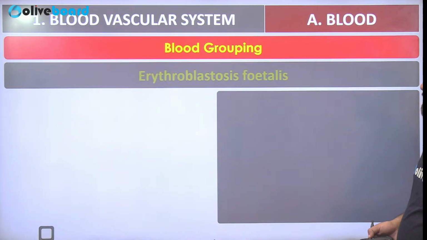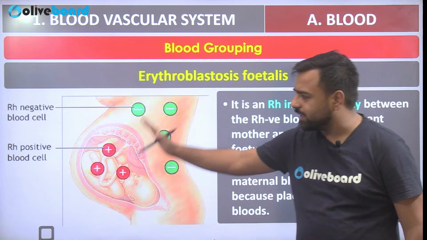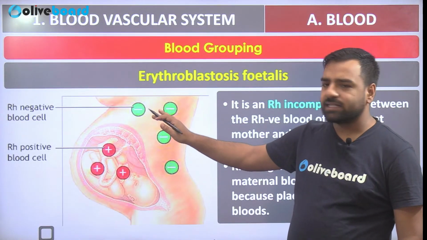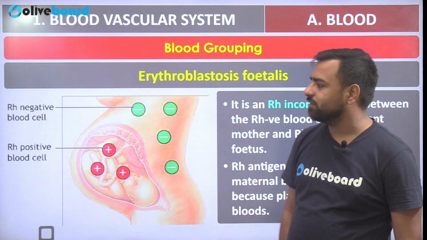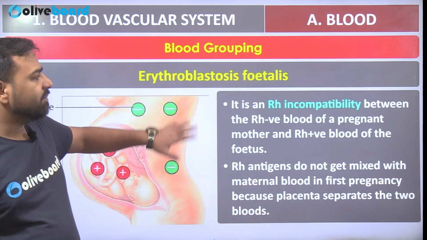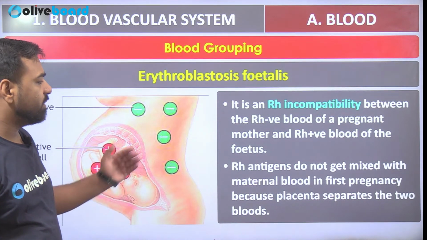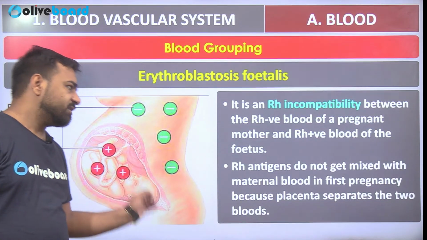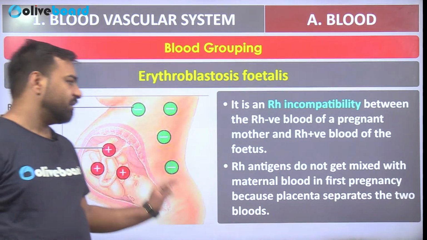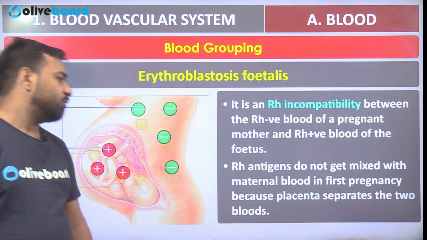Okay, so here, what is erythroblastosis fetalis, as discussed. This is a pregnant mother where the mother is Rh negative and the baby is Rh positive. It is Rh incompatibility between the Rh negative blood of a pregnant mother and the Rh positive blood of the fetus. Rh antigens do not mix with the maternal blood in the first pregnancy because the placenta separates the two bloods.